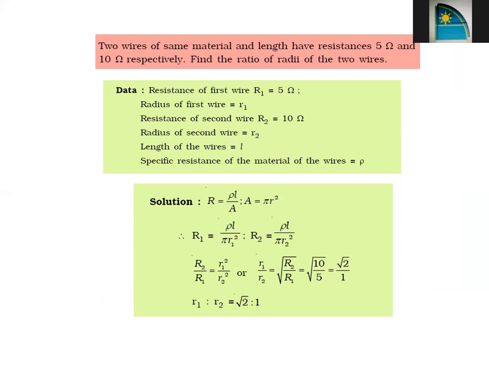So we'll use simple expression R is equal to rho L by A. Since rho and L in both the cases is same, so we'll just ignore that. Pi is a constant, that also we can ignore. So overall, we will come to the relation that resistance is inversely proportional to radius square, and we'll fill the value and we can easily calculate these type of questions.